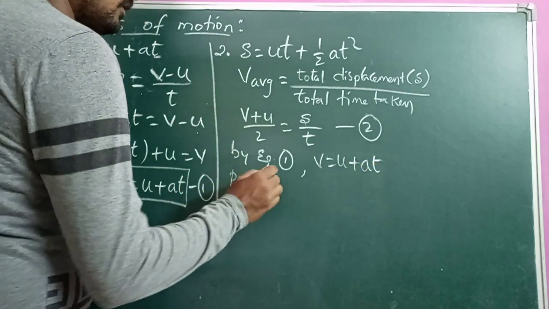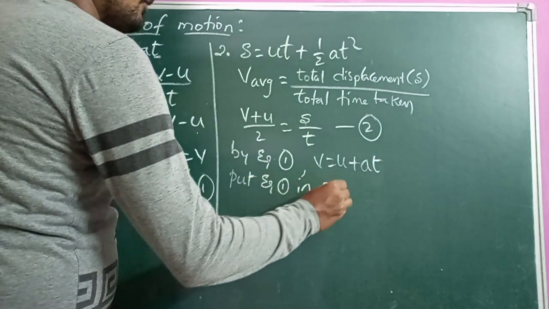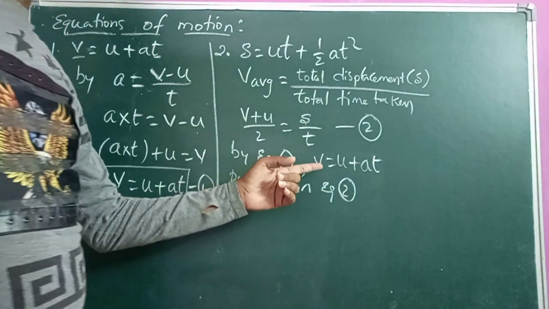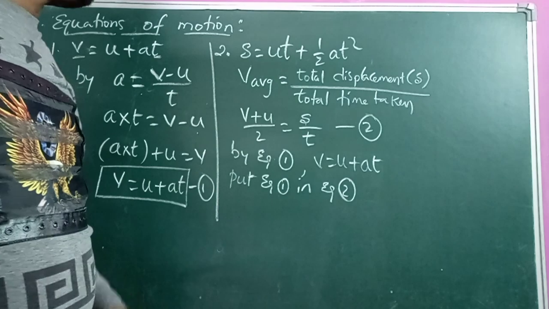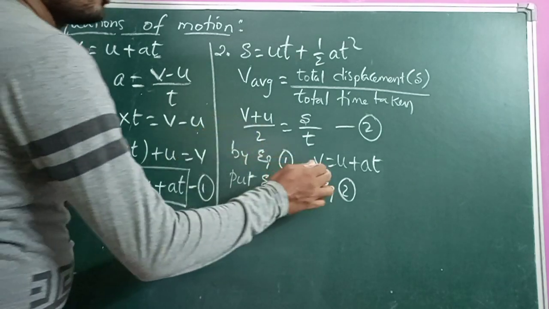Put equation 1 in equation 2. If we substitute equation 1 in equation 2, how will this equation turn out? V means U plus AT.